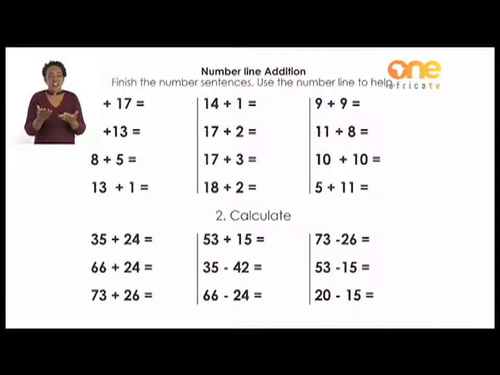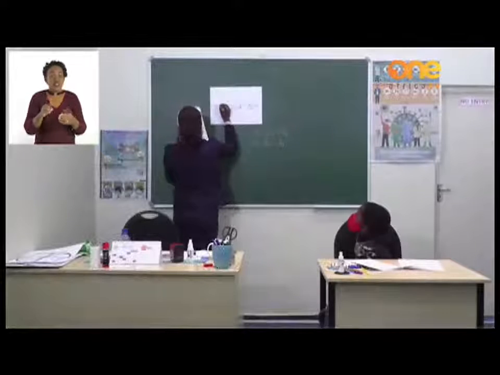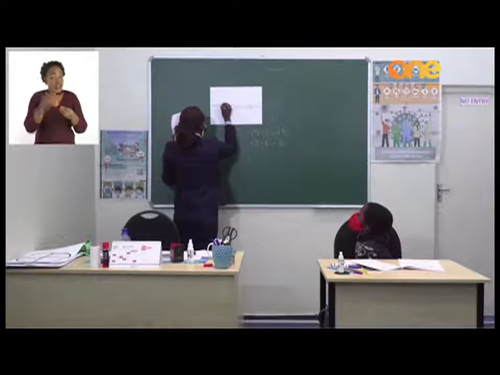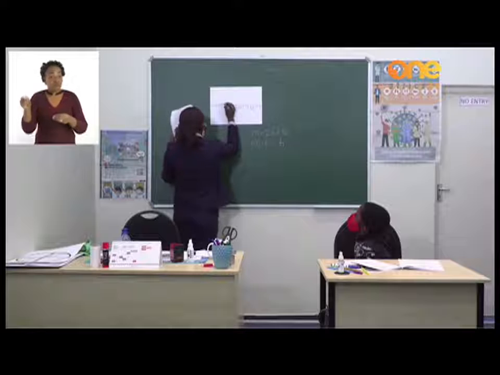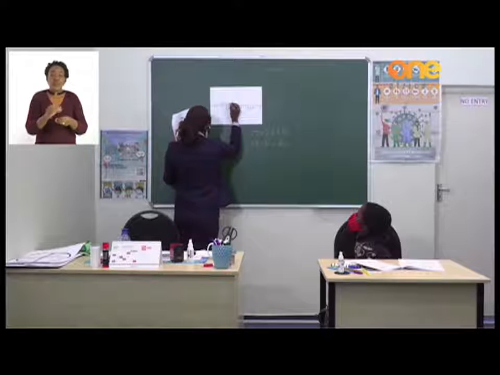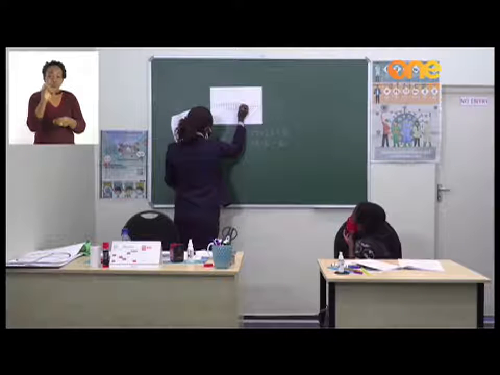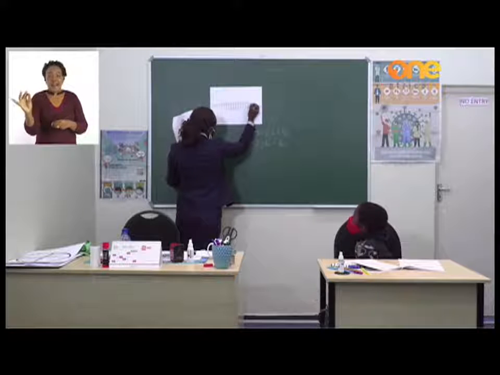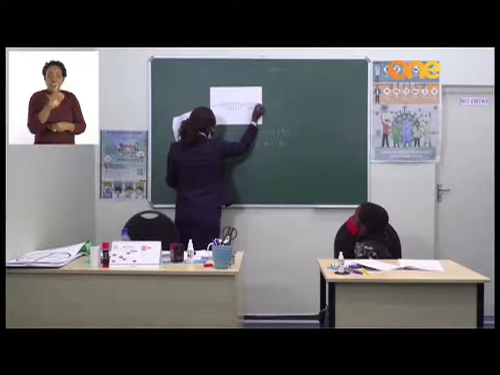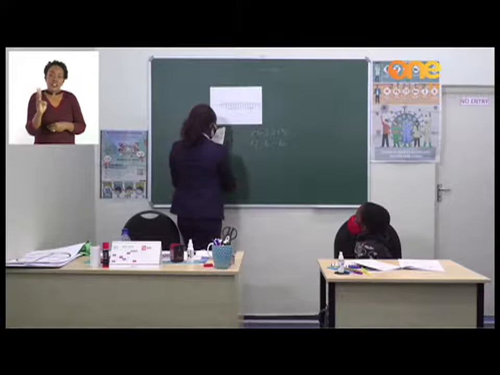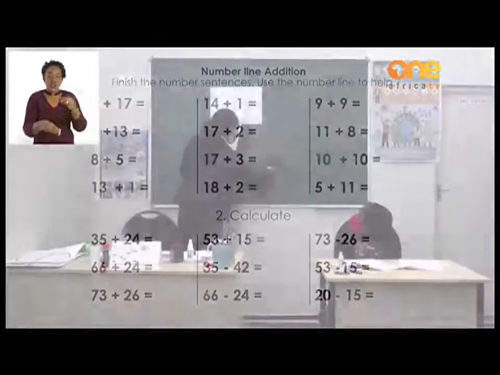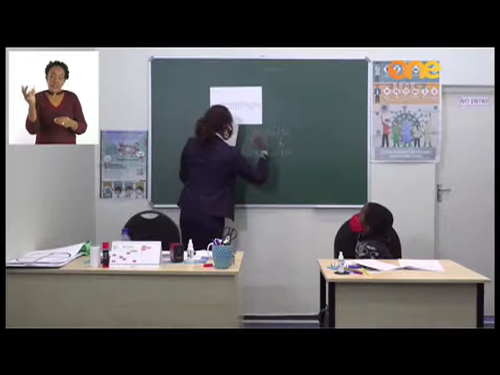So we go to 3, we are adding, we are going forward. 1, 2, 3, 4, 5, 6, 7, 8, 9, 10, 11, 12, 13, 14, 15, 16, 17. So 3 plus 17 equals 20.